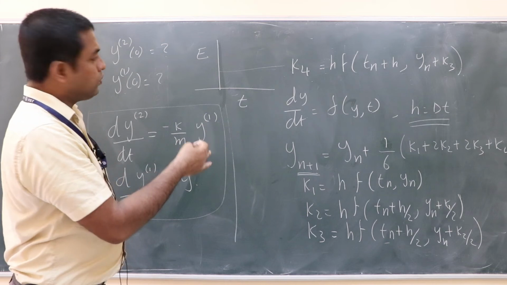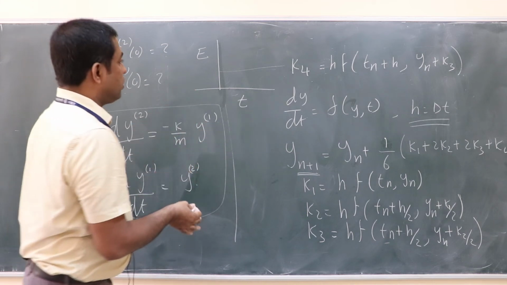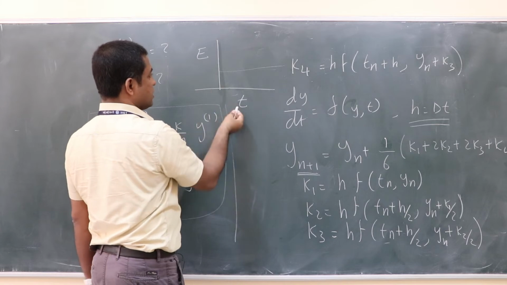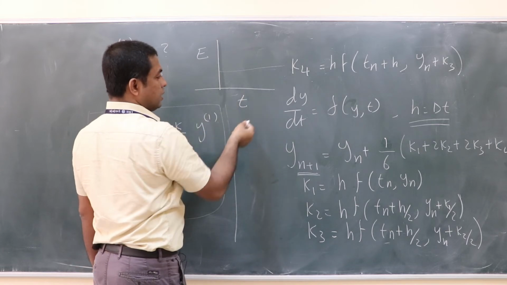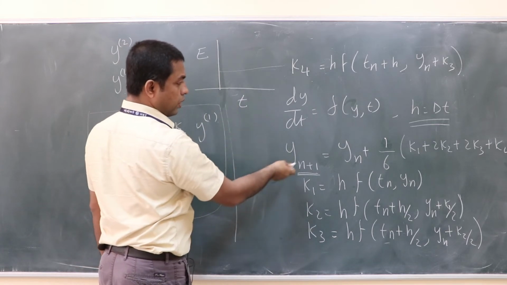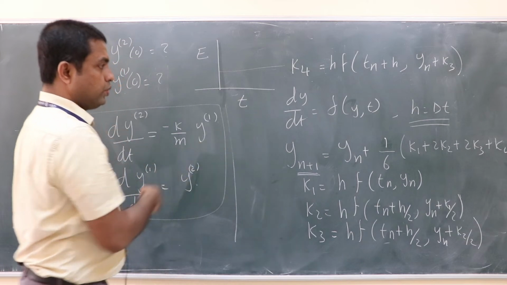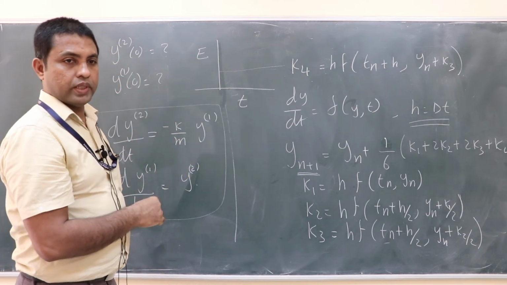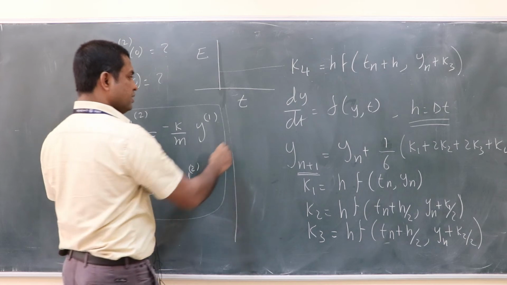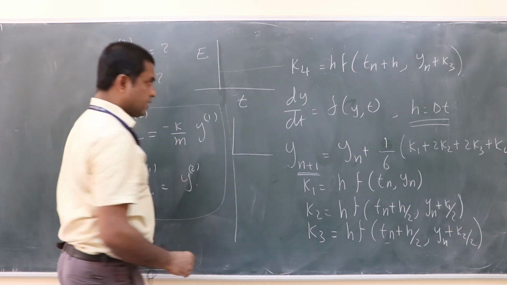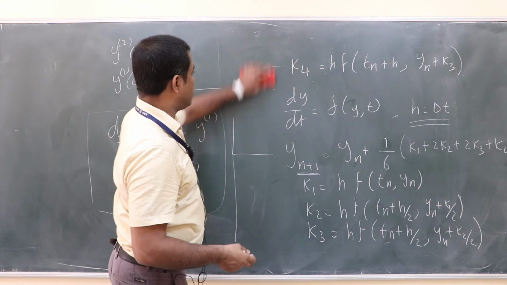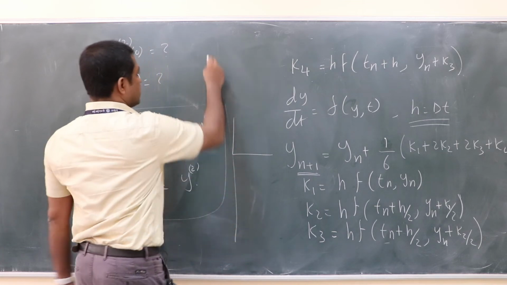Then you plot E versus t for the results from the RK4 method. That is the first plot you have to generate. The second plot you have to do is x versus t.